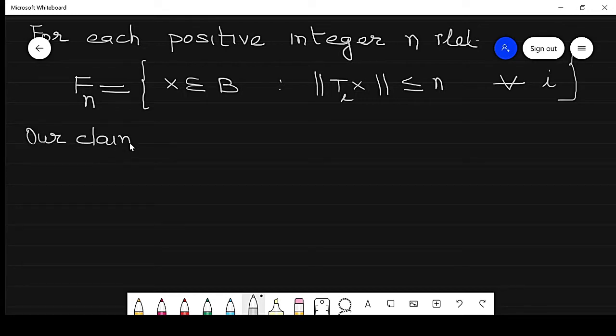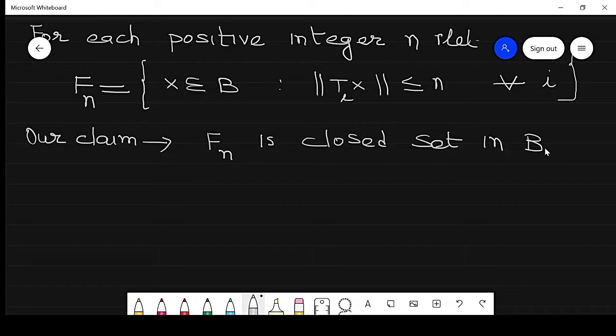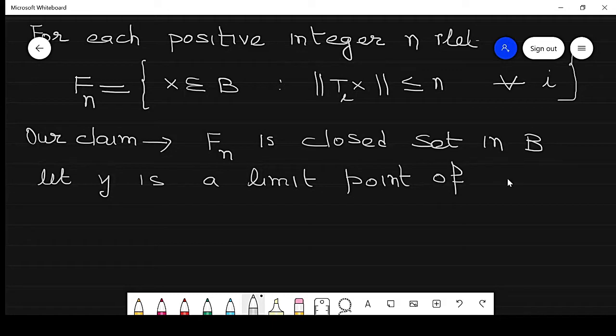Our claim: this Fn is a closed set in B. To prove it is closed, let Y be a limit point of Fn.